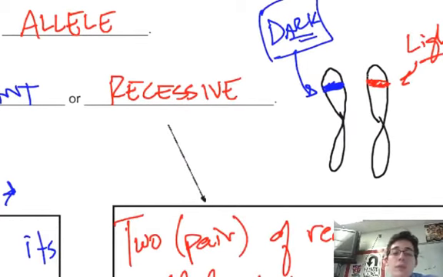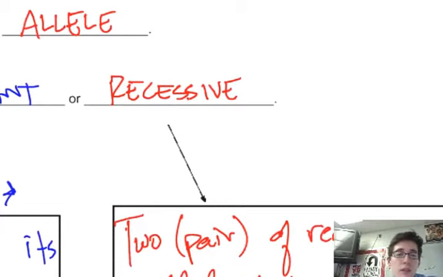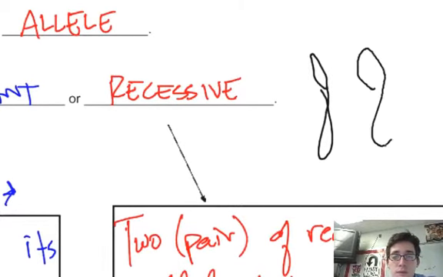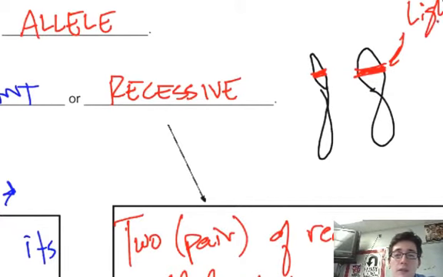The only time you would ever see a recessive allele is if you've got two, let me get some space, redraw my chromosomes. The only time you'd ever see a recessive allele is if you have two recessive alleles with each other. So this is light, okay, light hair. This is also light or blonde or whatever you want to call it.